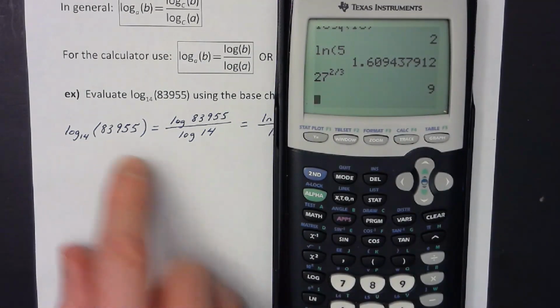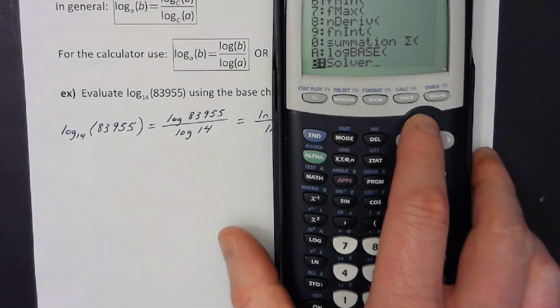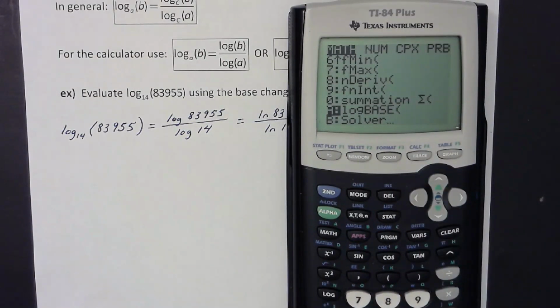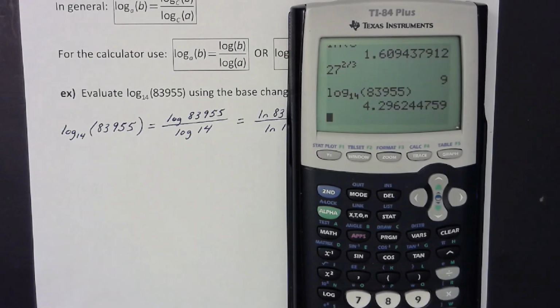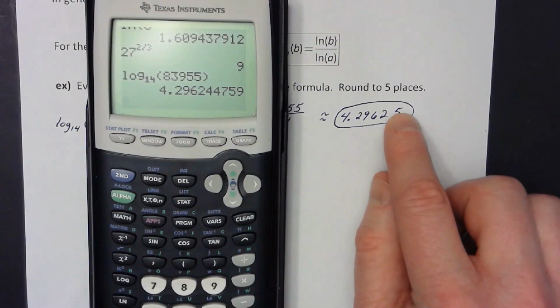First of all, if I did it just the calculator way, I would have to use the math button, and then you arrow up to log base. It's quicker to arrow up than it is to log down. So it's math, log base, and then you just type in the base 14, you arrow over, type 83,955 in this case, hit enter, and we get 4.29625.